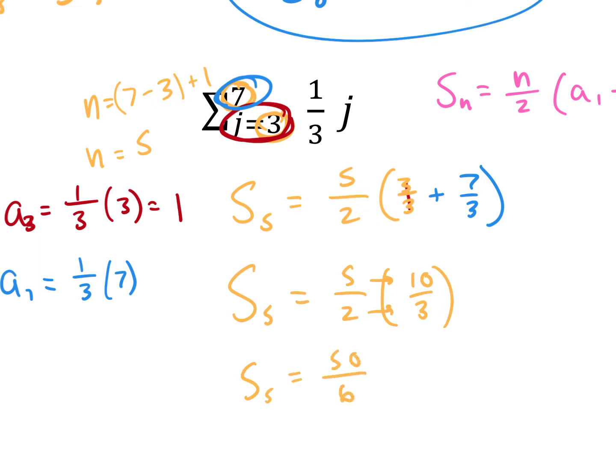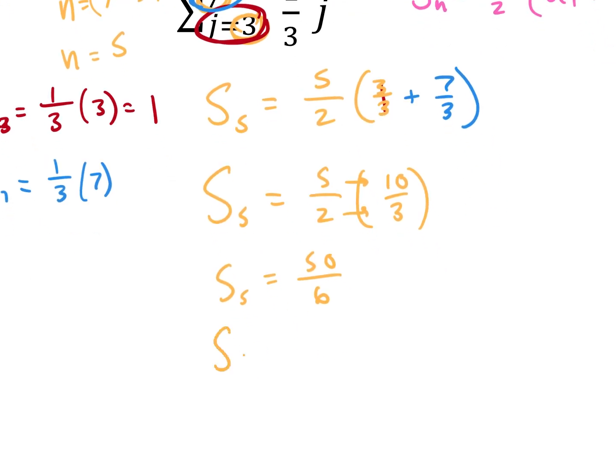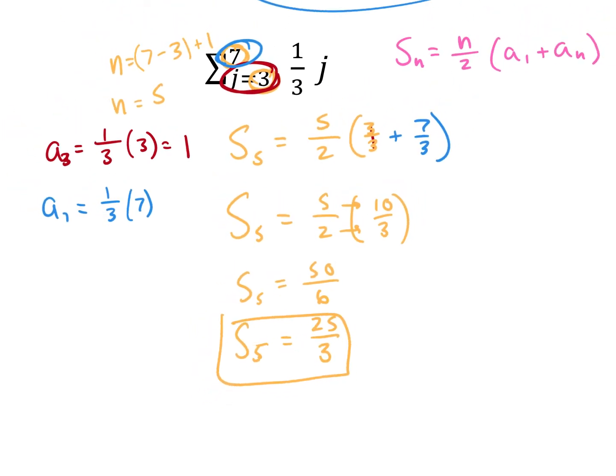And how can I simplify this? Divide by 2 on the top and bottom. So 25 over 3. So again, I could plug in all 5 numbers, 3, 4, 5, 6, and 7, and add them all together. That would work too, but if your n was something really big, you have to use the formula.